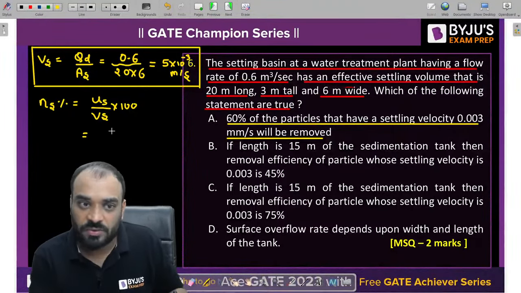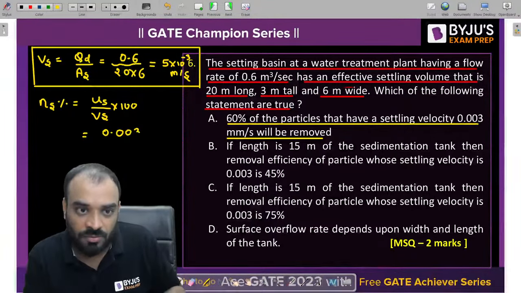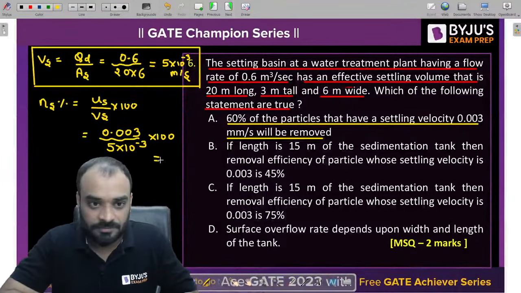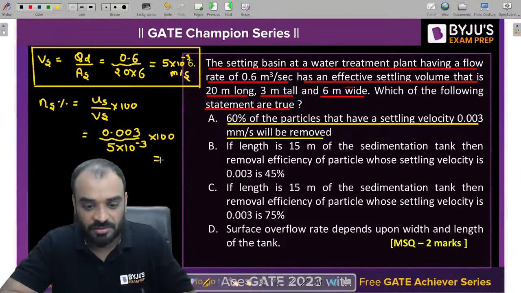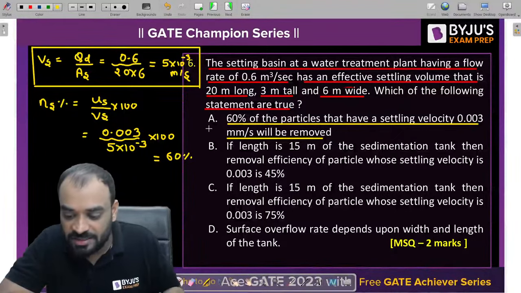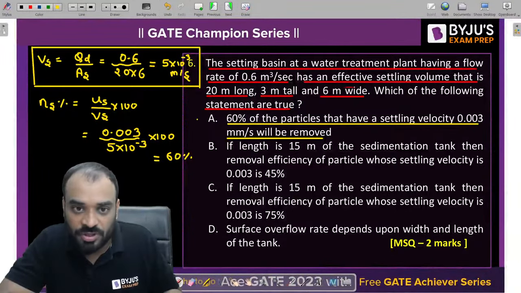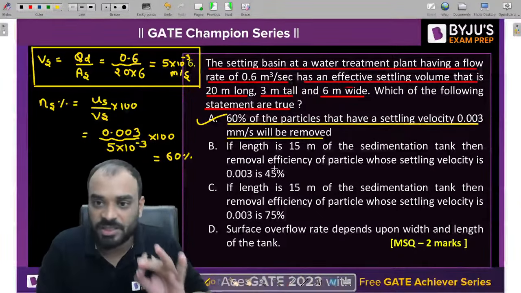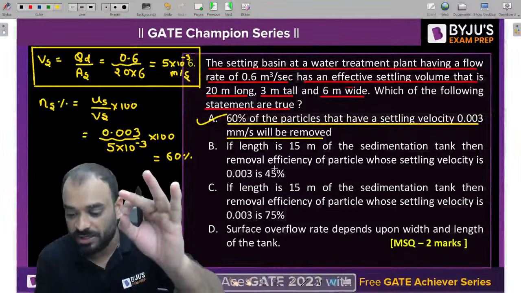Vs is given in the option, 0.003 divided by 5 into 10 raised to power minus 3, then multiplied by 100. Please do this calculation and let me know how much you are getting. So right now we are getting 60% as the answer. Now tell me, guys, is the first option correct? A is correct, right? You are able to remove 60% of the particles whose settling velocity is 0.003.